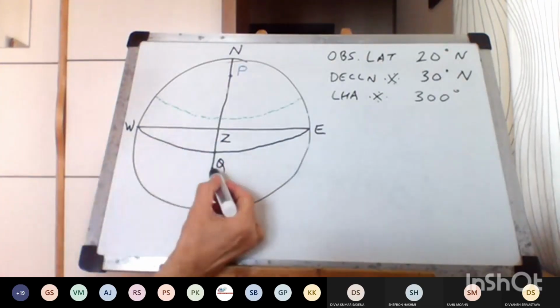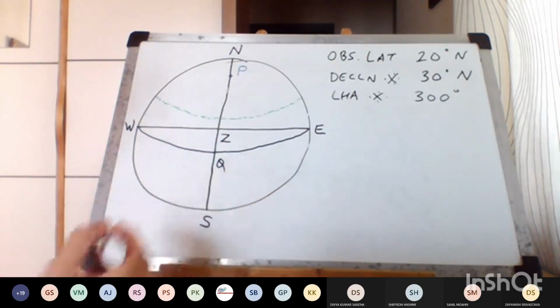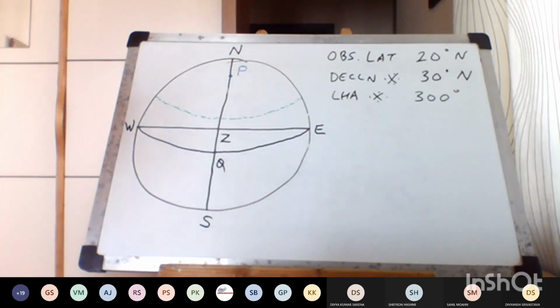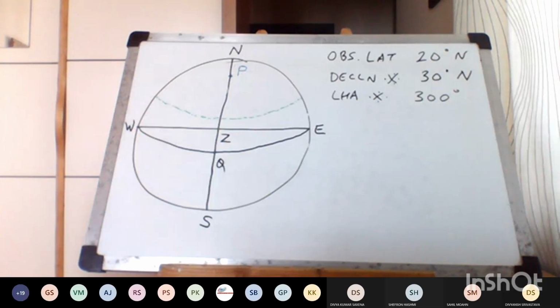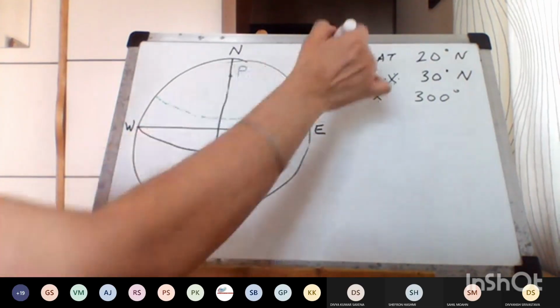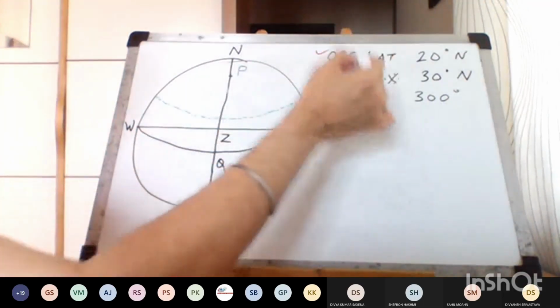So we are going ahead with our rational horizon diagram. So far, very rightly, all of you have pointed out to me where I should draw WQE, where I should draw the declination circle, where I should put P. Latitude is done, declination is done.